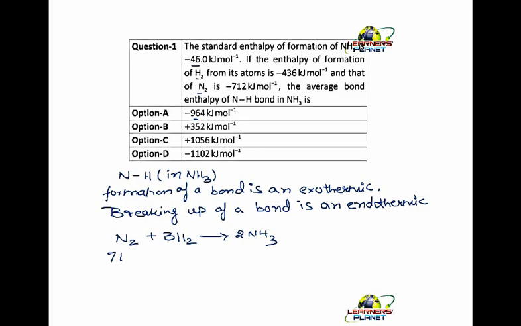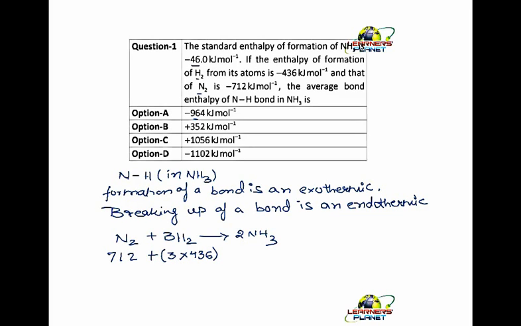So for its breaking, it will be 712 kilojoule per mole, plus the energy required for breaking the bond between hydrogen atoms, which would be 3 into 436, as there are 3 hydrogen molecules and the energy for one molecule is 436.